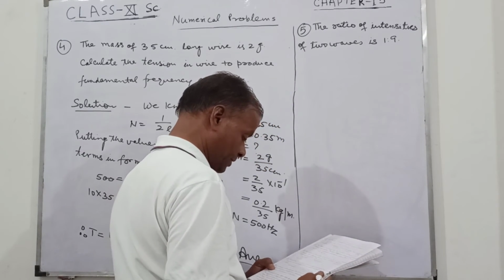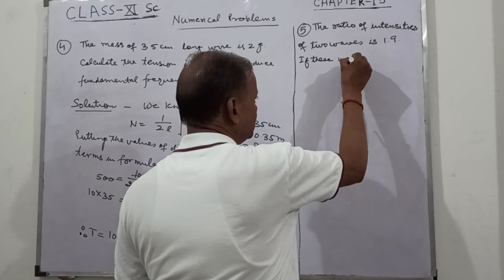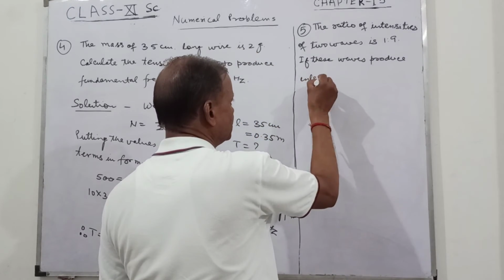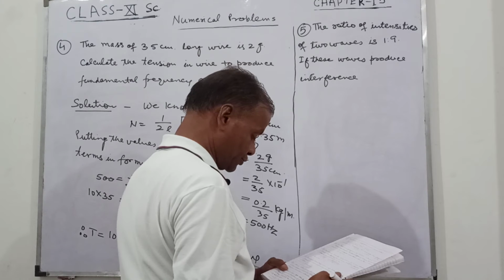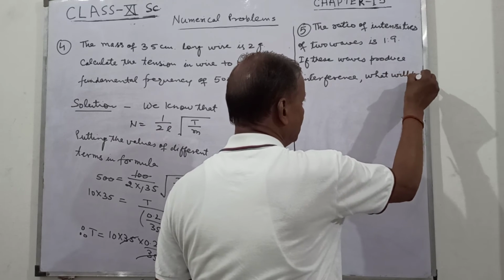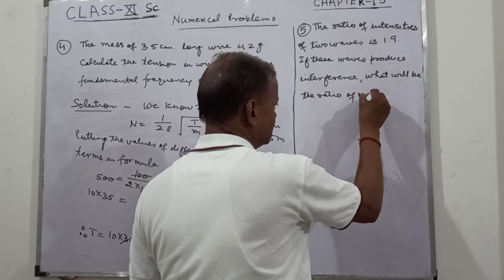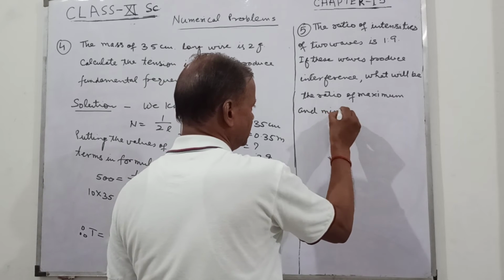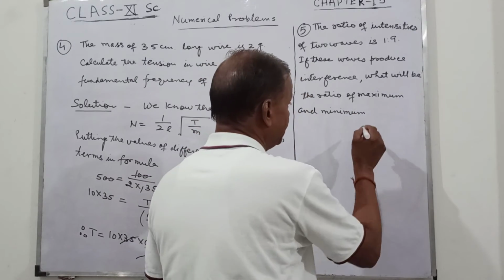If these waves produce interference, what will be the ratio of maximum and minimum intensities?